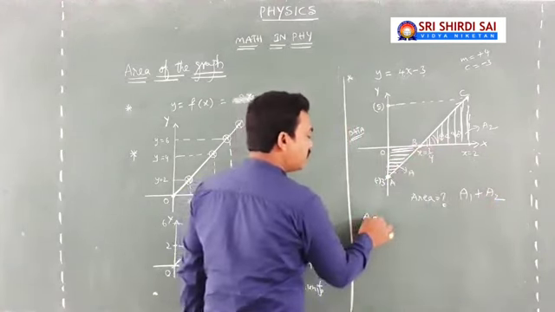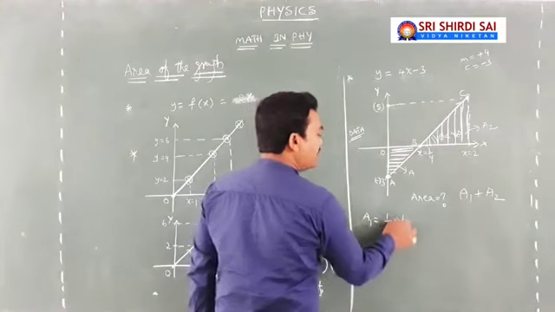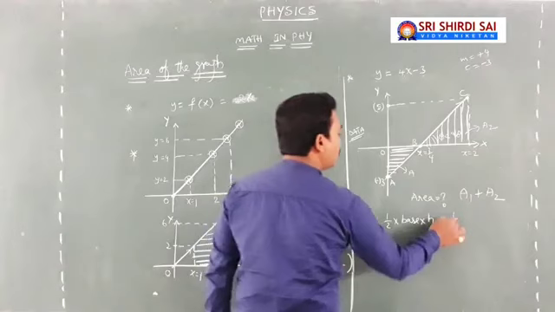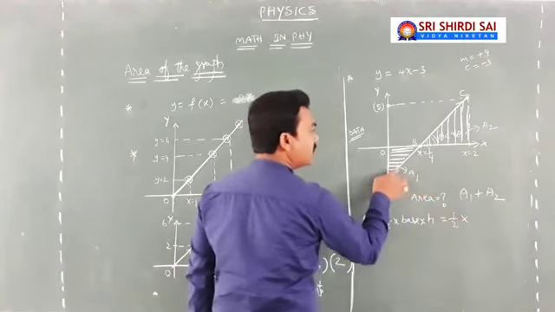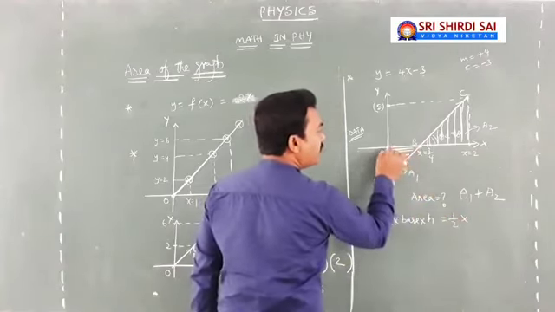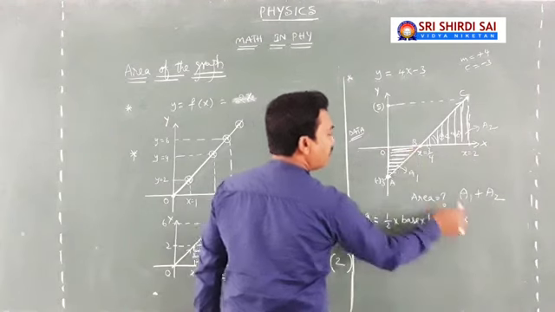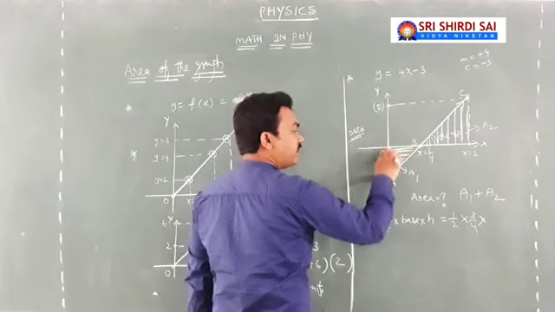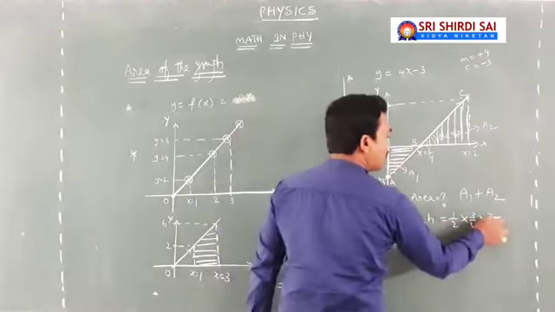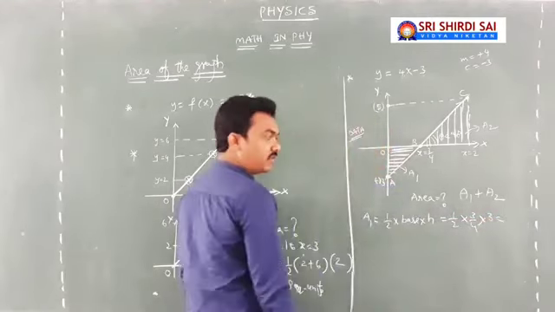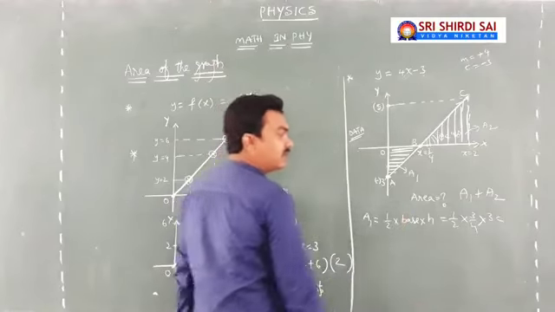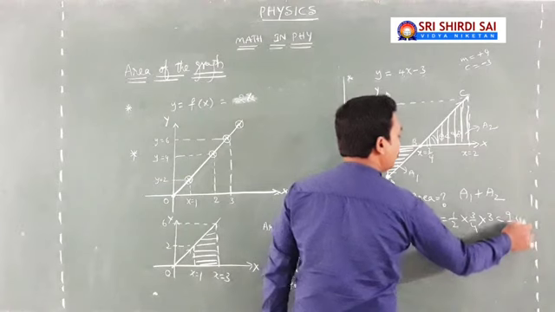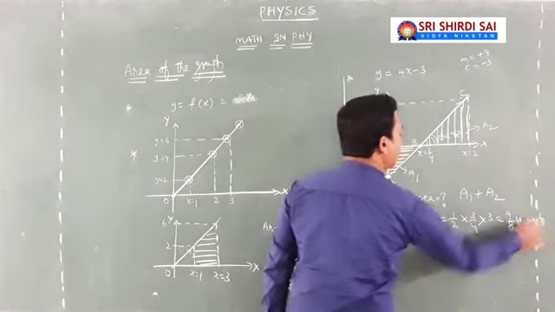So A1 equal to half into base into height, equal to half into, what is the base of this triangle here? Here to here means x equal to 3 by 4, base into the height of the triangle, which is 3 units. Not minus 3, just 3, because you are taking the magnitude of area. So 3 threes are 9 by 2 fours are 8 square units.